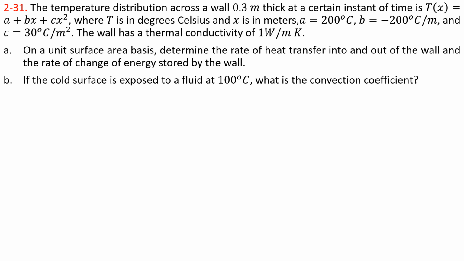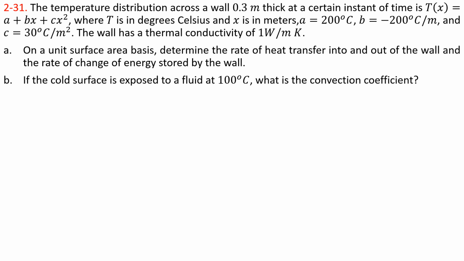In this problem, we have a 0.3 meter thick wall, and the temperature distribution across the wall is given as a plus bx plus cx square. The temperature is changing with respect to the position, and T is in degrees Celsius and x is in meter.